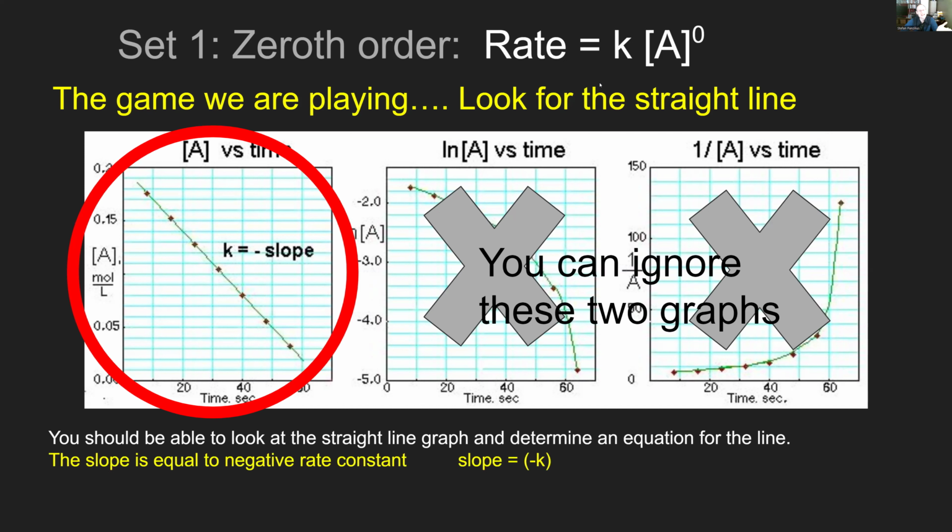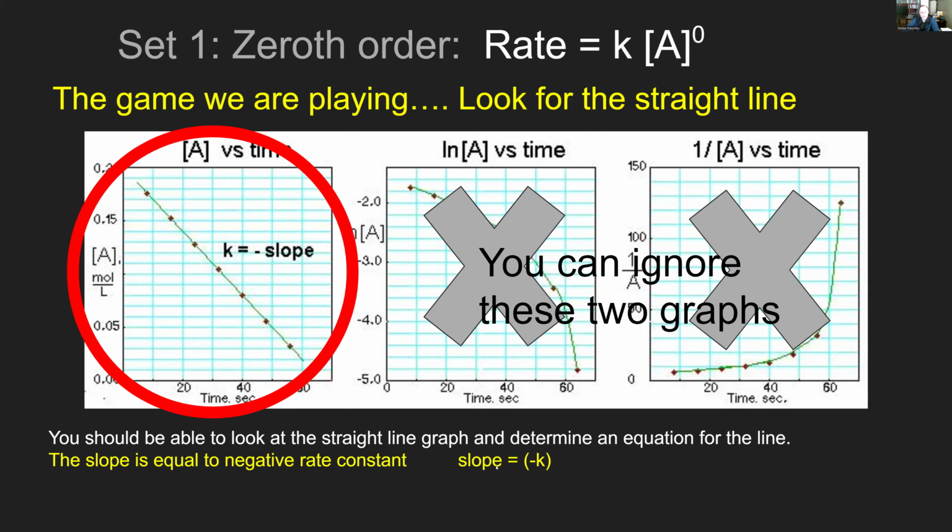You'll notice, though, that it does have a negative slope. That's because the concentration is decreasing over time. That means, by the way, the slope is going to be equal to the rate constant for the 0th order reaction, but it's the negative slope that is going to be equal to it.